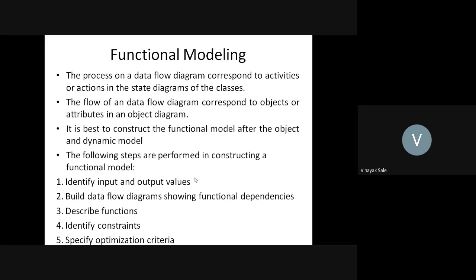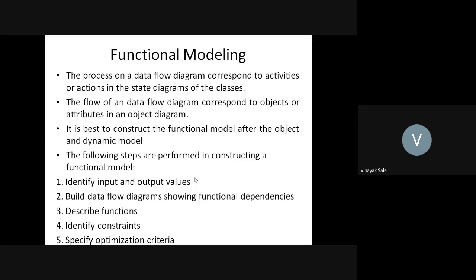So the processes on a data flow diagram correspond to activities or actions in the state diagrams of the classes. The flows on a data flow diagram correspond to the objects or attributes in an object diagram. It is best to construct the functional model after the object and dynamic models.